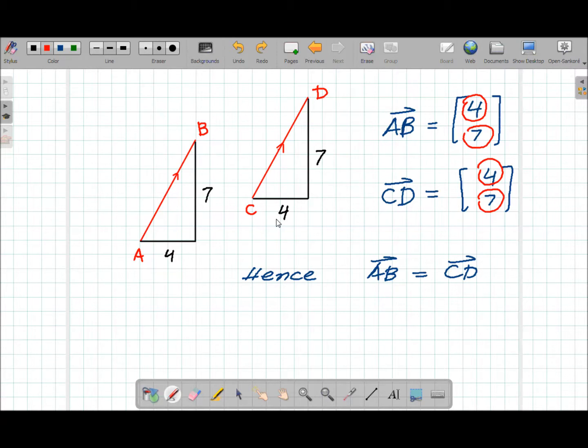That's why these are parallel vectors. They fulfill all the requirements of being parallel. The third thing we can test is to find the magnitude.